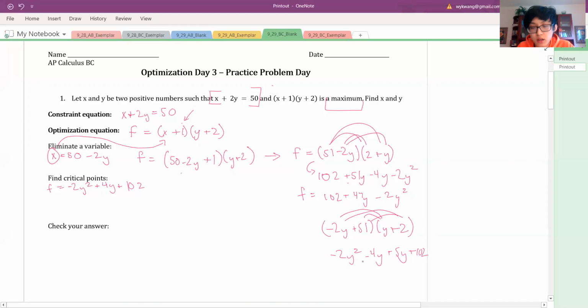So that might make it more clear. But yeah, I'll leave that there, so we ultimately get negative 2y squared plus 47y plus 102.